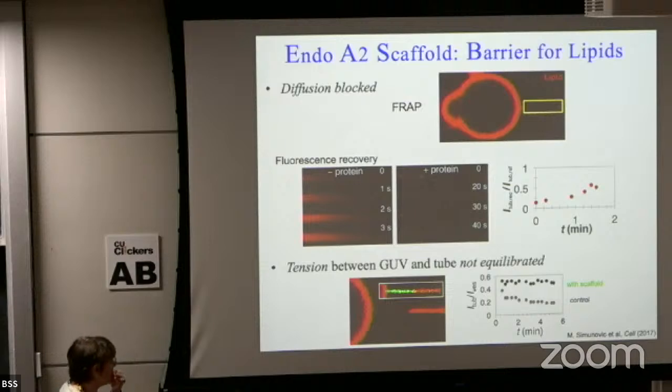What we have done here is that at time 0, we have changed the tension. In the control, we can see a rapid equilibration of the tube radius if there is no scaffold. But if you have a scaffold like here, and you change the tension, the fluorescence of the lipid basically doesn't change, even after 4 or 5 minutes. So it means that clearly the diffusion of the lipid is perturbed by the scaffold.